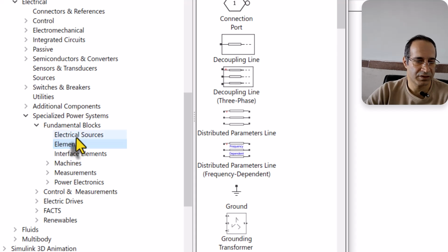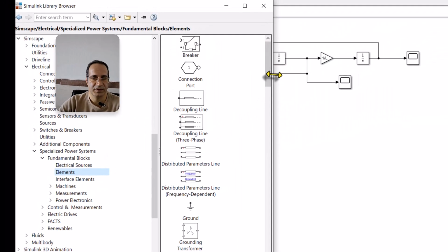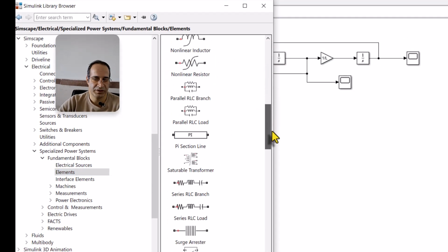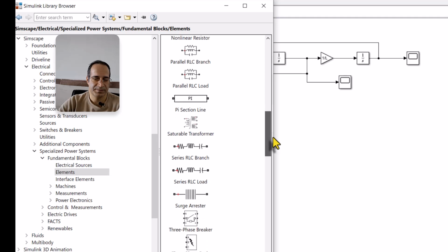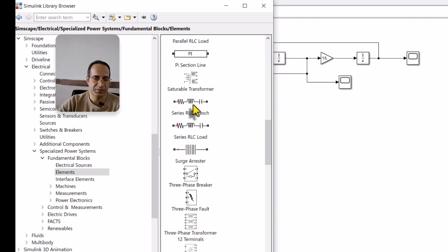All the elements are electrical sources and elements. You see the elements over here, RLC, series RLC branch, add to block, and then electrical sources.